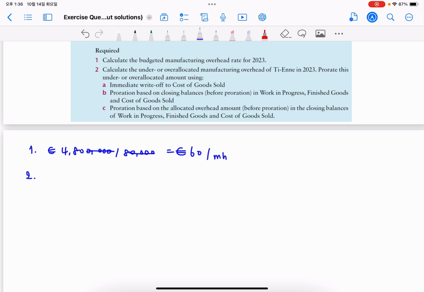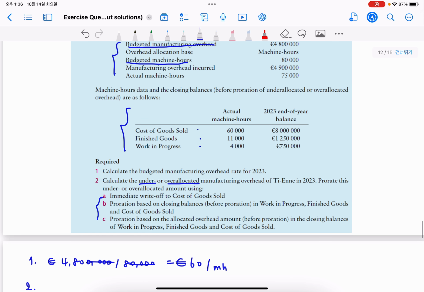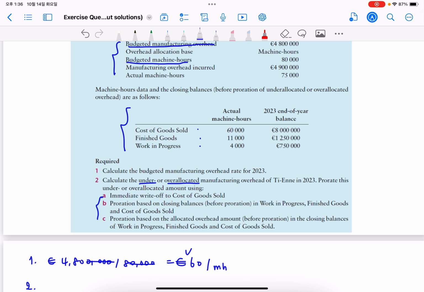Second, we need to first calculate the under or over allocated portion of overhead, and then we need to prorate using these three different methods. First, let's calculate the applied overhead. Right now we know our predetermined overhead rate of 60 euro per MH, and all we need is the actual cost allocation base, which is the actual machine hours of 75,000 MH.